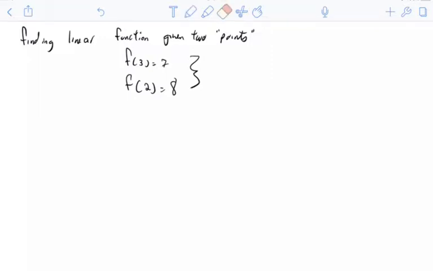But that's not the way things are usually presented to you, so instead of talking about pairs of inputs and outputs, we're going to talk about points, which are the same thing graphically. In this particular game, we'll be giving you 2 points.